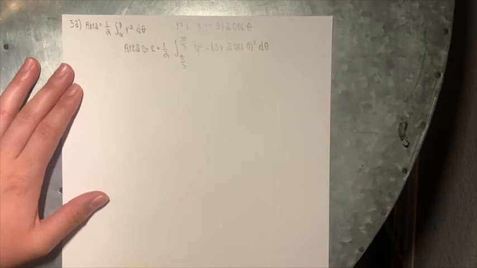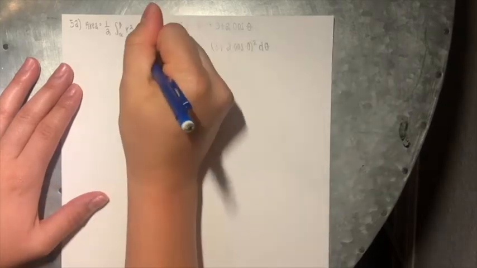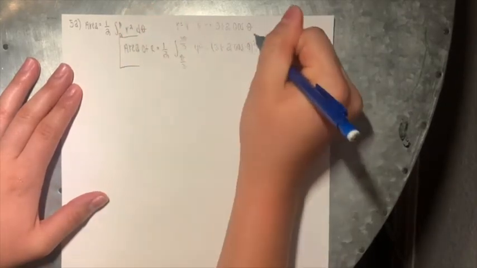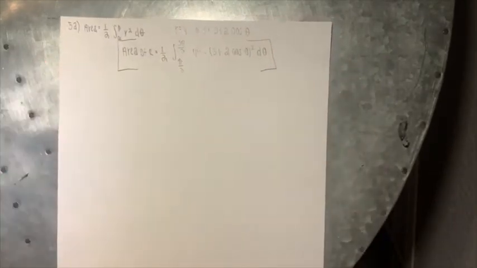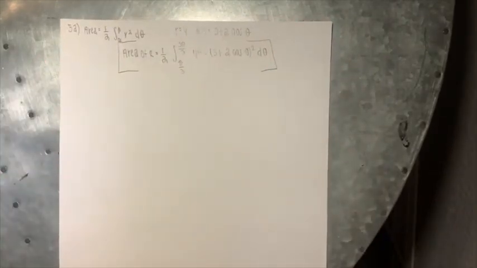Because all they want us to find is an expression involving the integral for the area of R, this would be our answer. To wrap everything up, the area of R equals 1/2 times the integral from 5 pi over 3 to pi over 3 of 4 squared minus (3 plus 2 cosine theta) squared d theta.